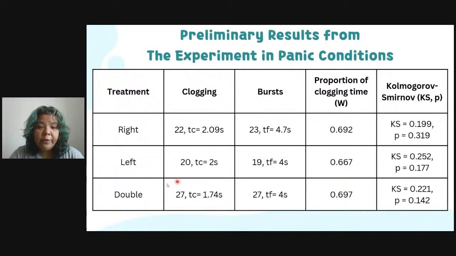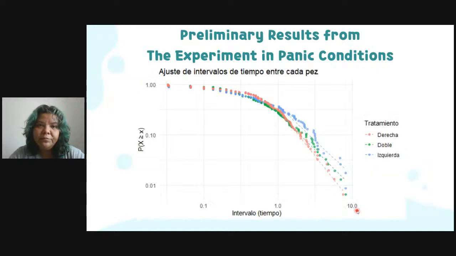The treatment with double opening was the one that had more cloggings, but also the shortest clogging time. And the proportion of time spent clogged was similar in all of the treatments, with just some slight variation, but basically the same.